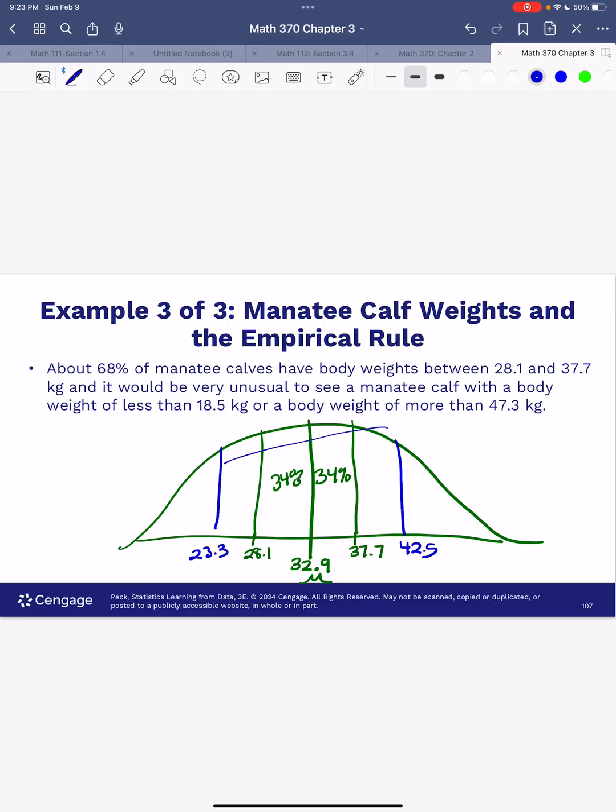Now, we know that 95% of the data covers all of this area here. So we add an additional 13.5% to what was already there with the 68%, and we do that in both directions.